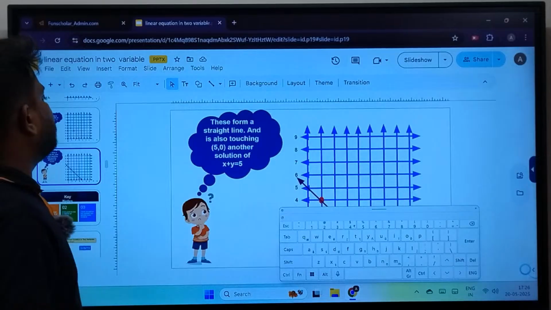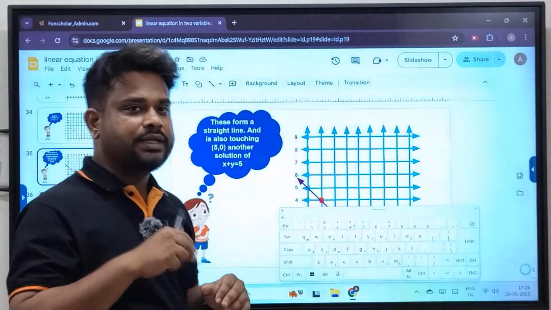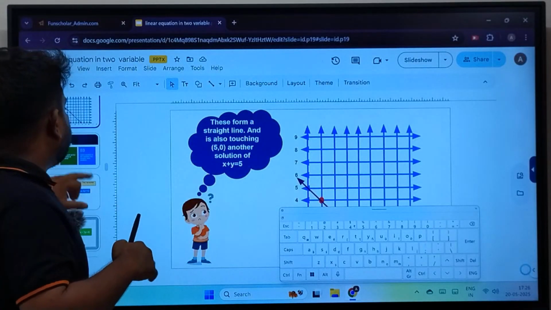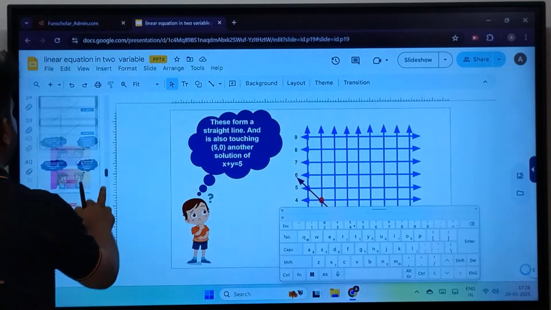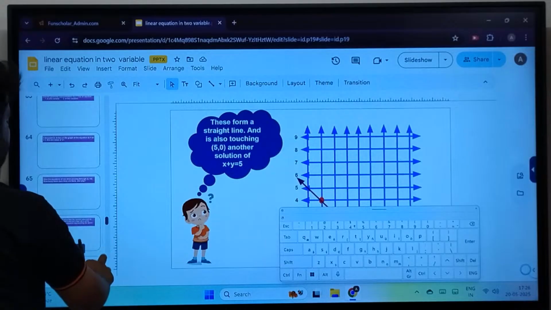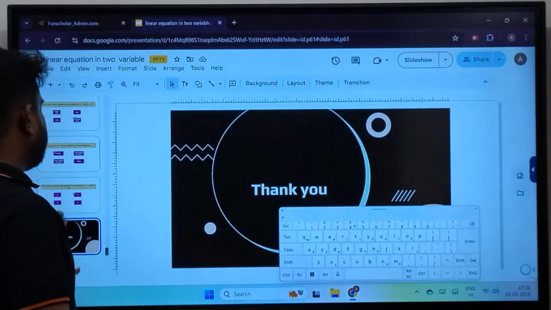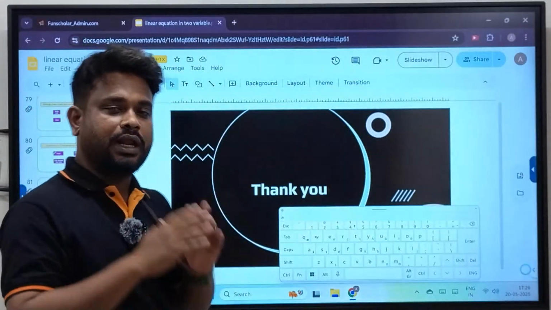Then we learned how we can plot points here, and how the plotting points method can solve linear equations in 2 variables. Okay, so this is the linear equations in 2 variables for class 9.